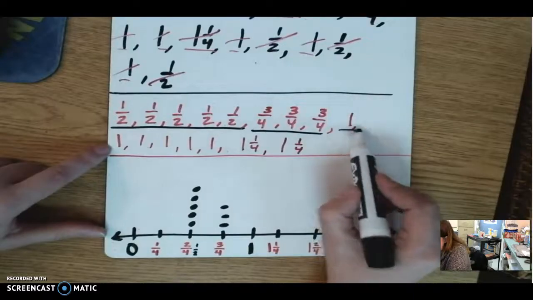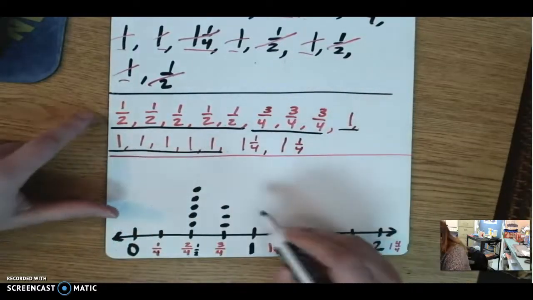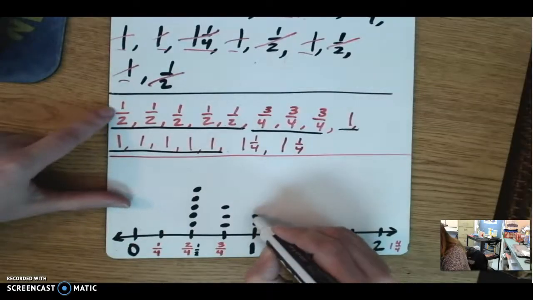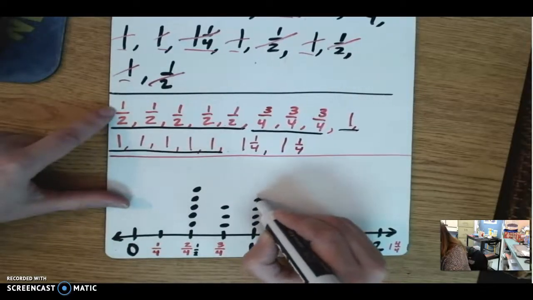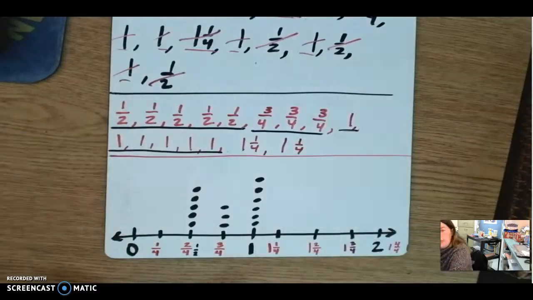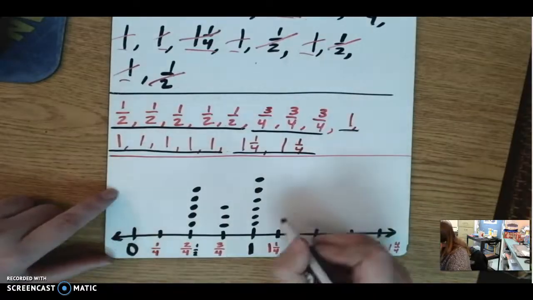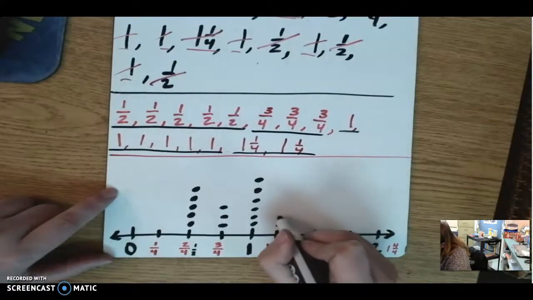Don't forget this one. 1, 2, 3, 4, 5, 6. And then how many 1 and 1/4? We just have 2. So 1, 2.